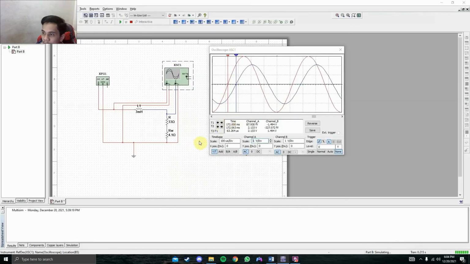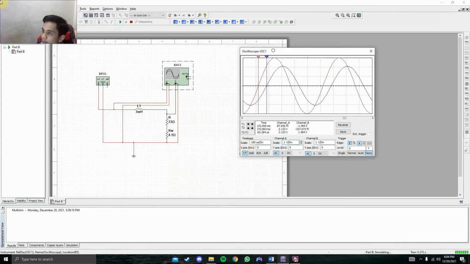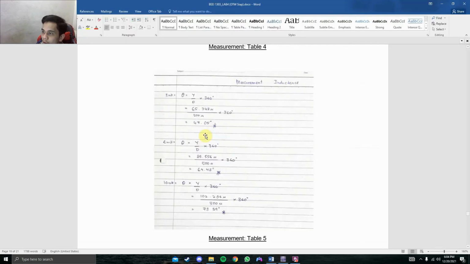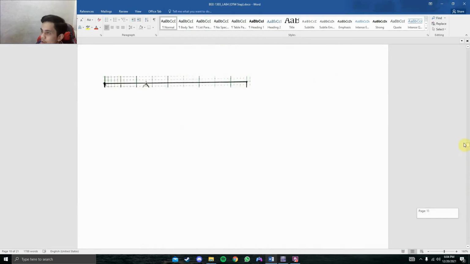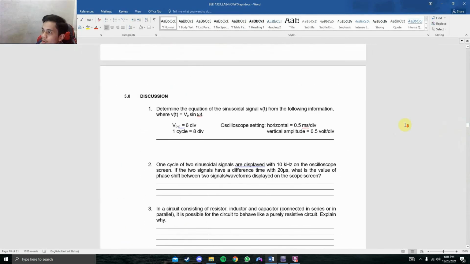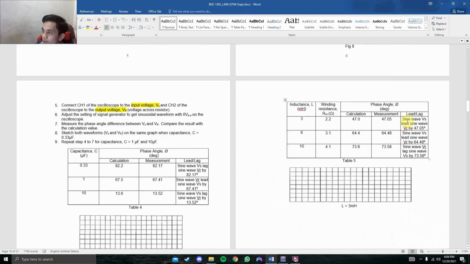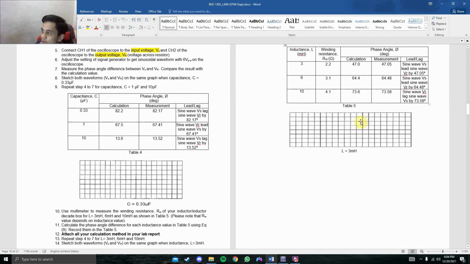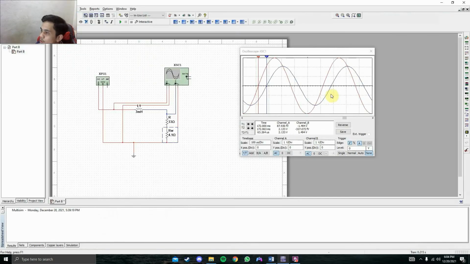Wait, there's an error. First we must set the R winding according to the table. It's not the right RW. So the RW is 2.2.